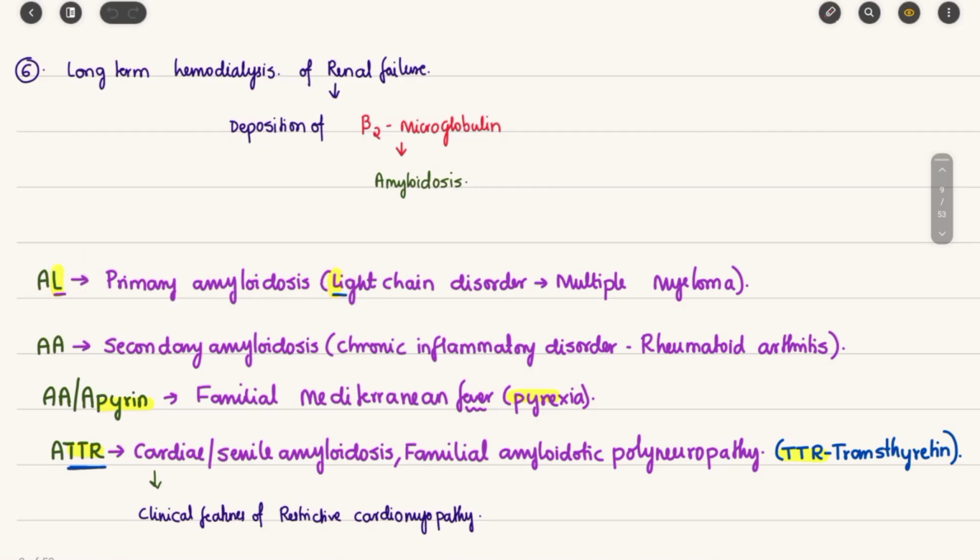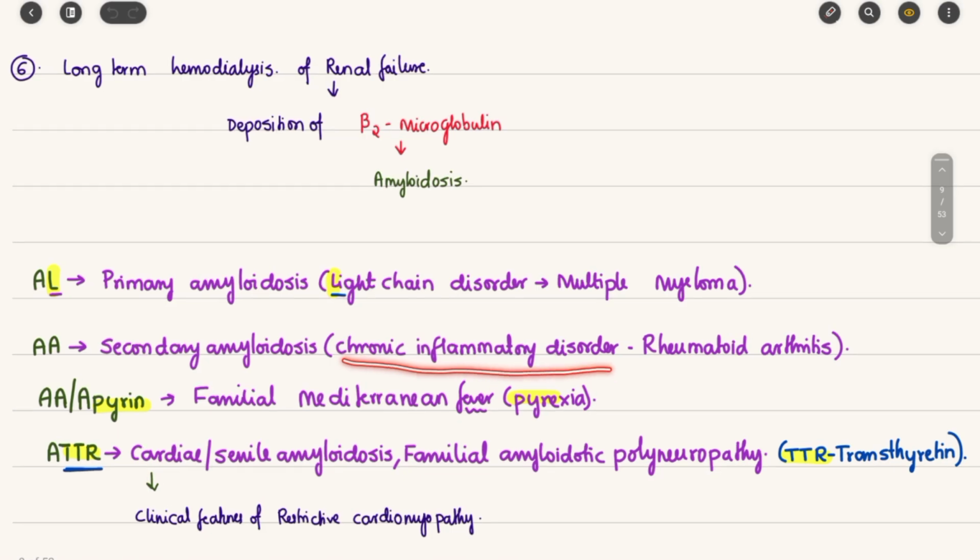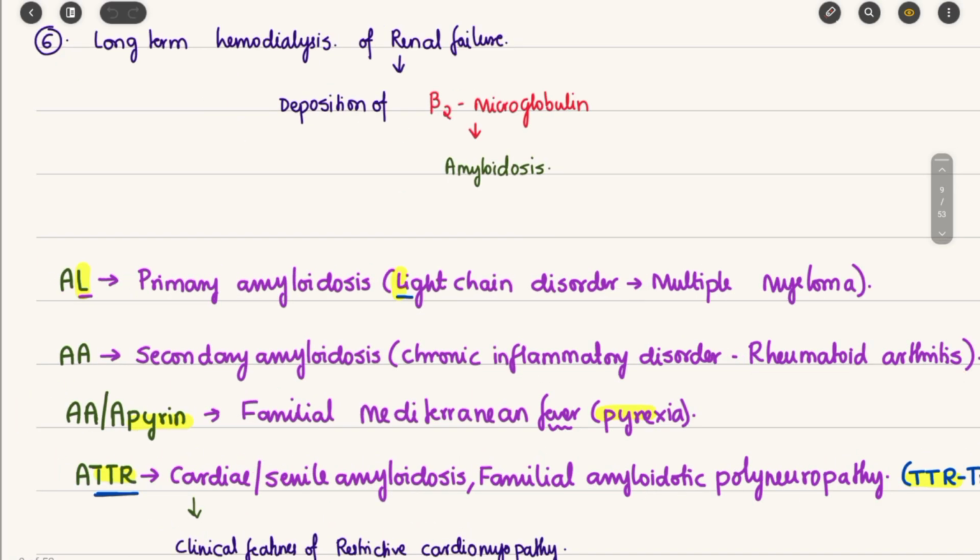This is also important thing you have to remember, where you can see in the multiple myeloma. Multiple myeloma is a primary amyloidosis, whereas AA is seen in the chronic inflammatory disorders or rheumatoid arthritis, which are the secondary amyloidosis.